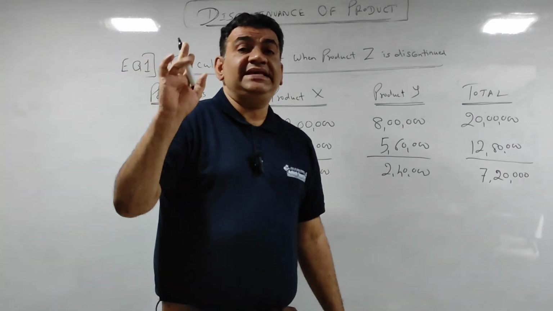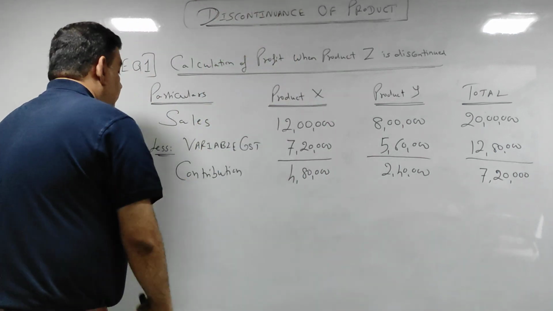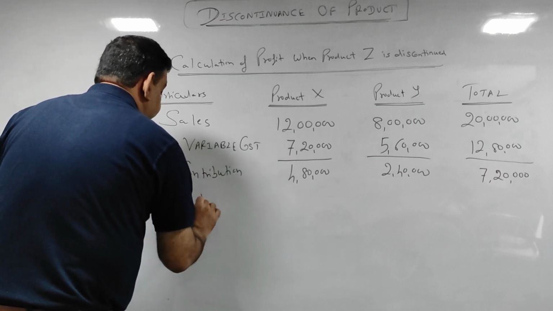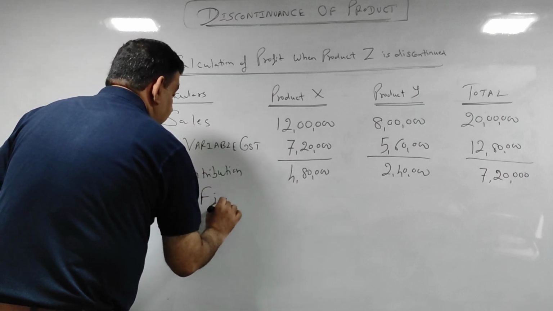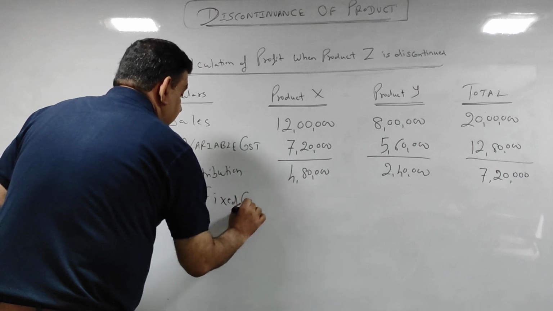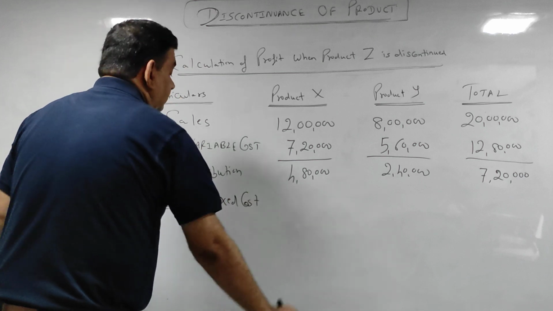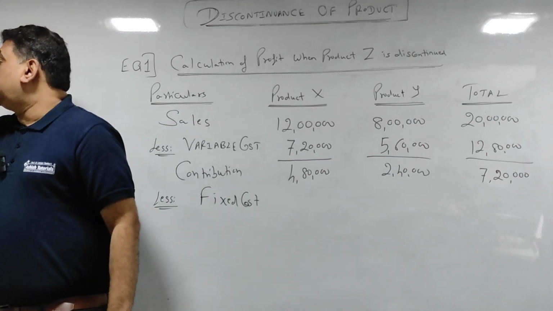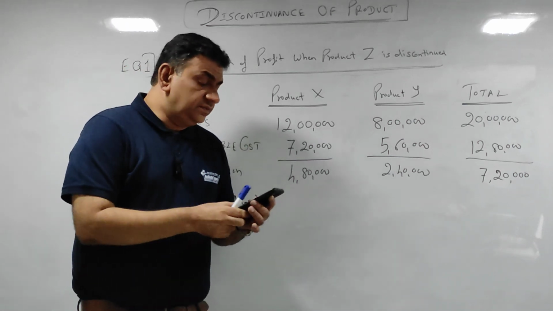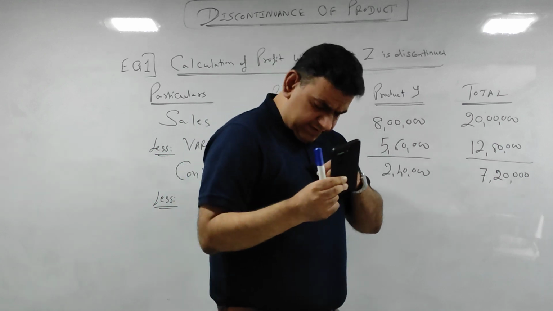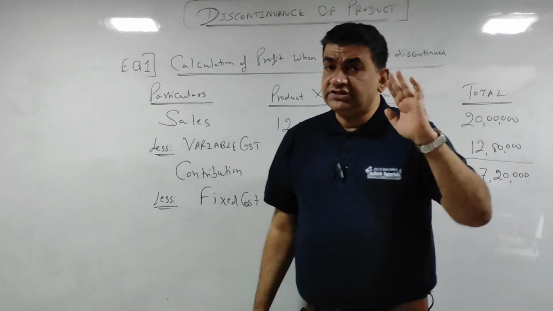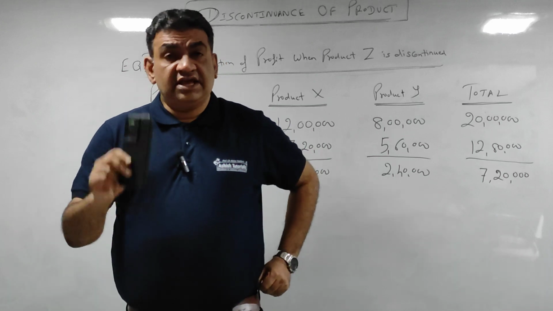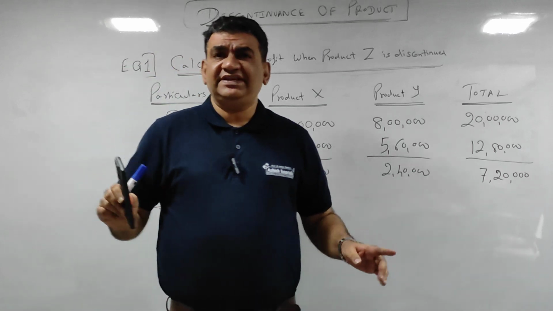Now guys, be careful here. From this, I will deduct my fixed cost. Now, you all know very well, marginal costing we did in detail, of course here it will come in more detail. Fixed cost remains fixed.